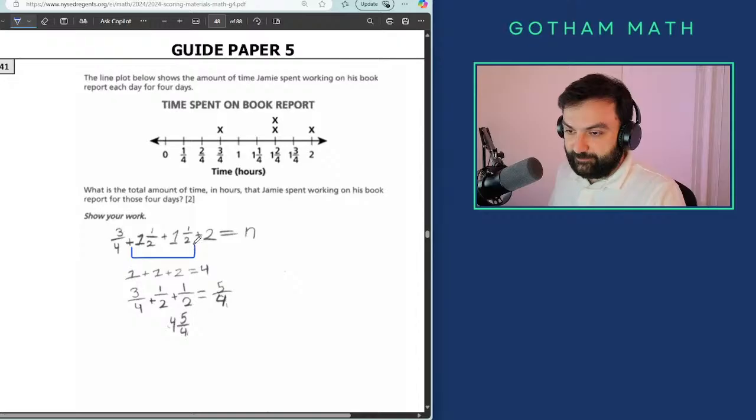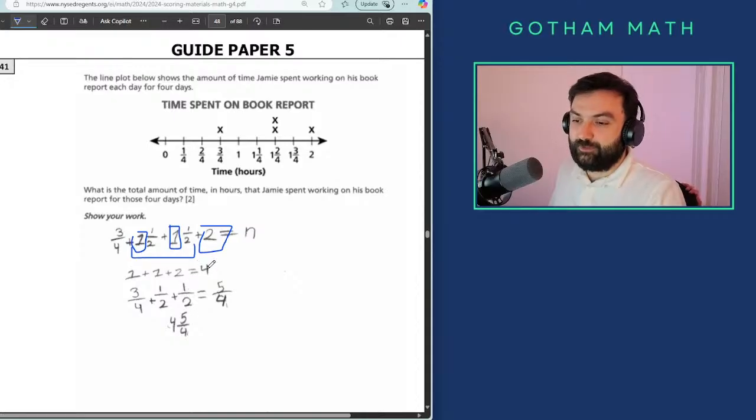What is that? What do you think it is? Okay, let's say they added this one, they forgot the fractions. So that's 4, and then 3/4, 1/2, 1/2. No, actually, that's supposed to be correct. No, but the answer is 5 and 3/4.